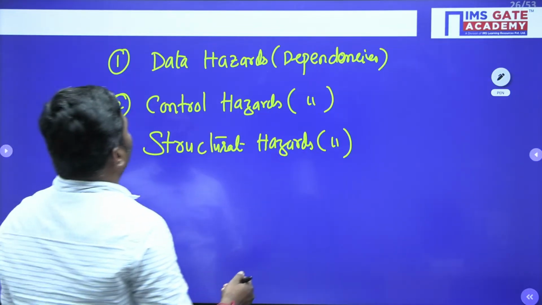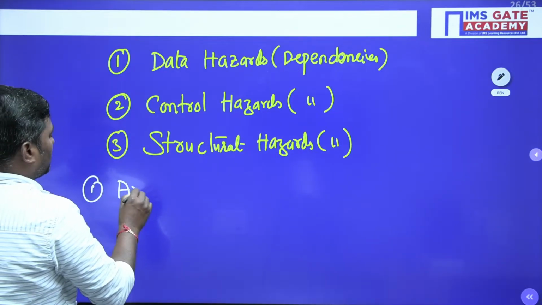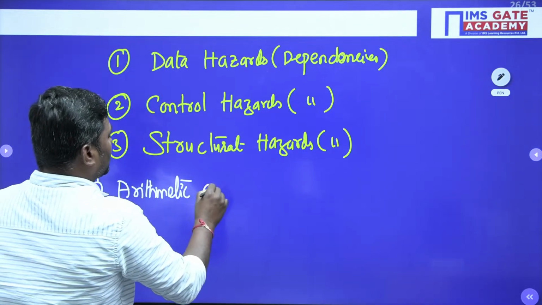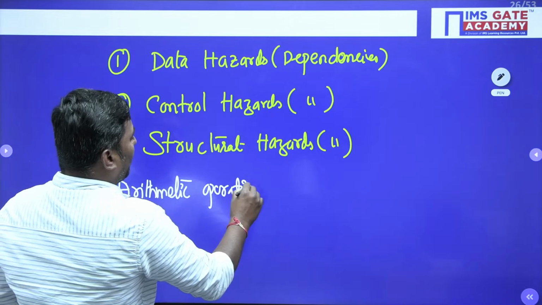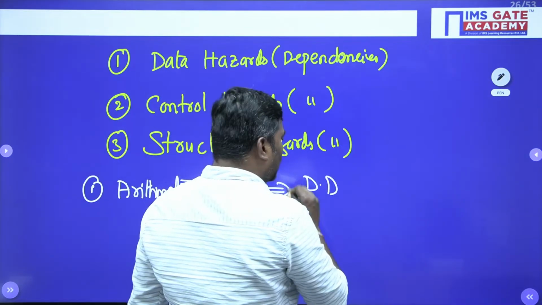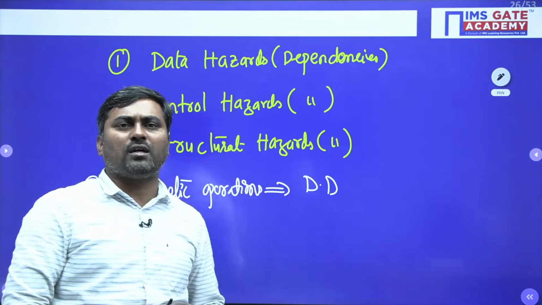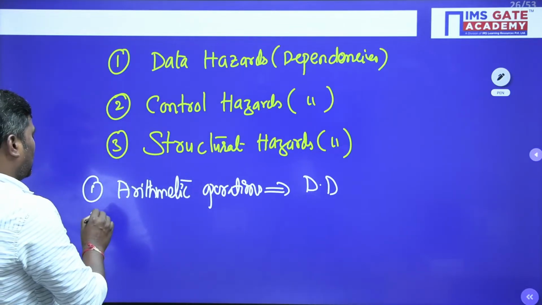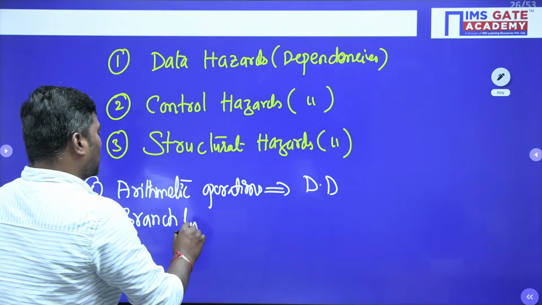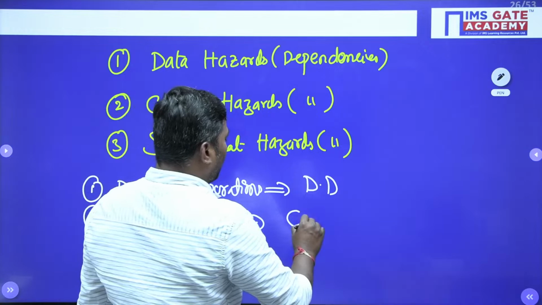Please observe, I would like to write one line each. Arithmetic operations generally cause data dependency, that is, they may create the problem of data hazards. Second, branch type instructions may cause control dependency.